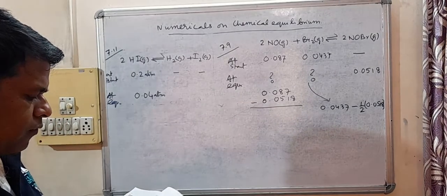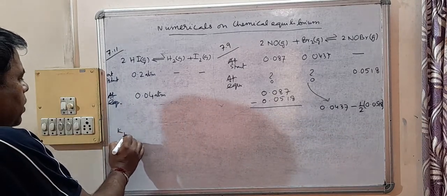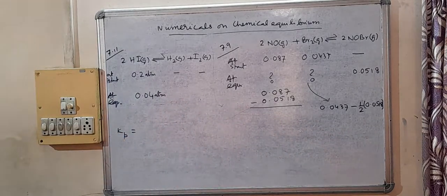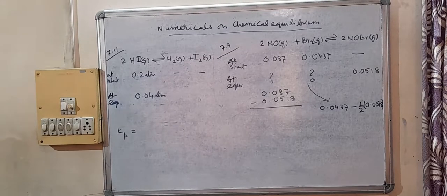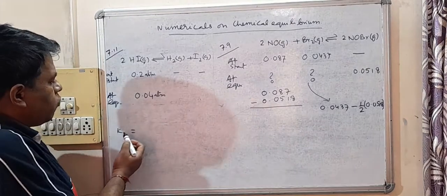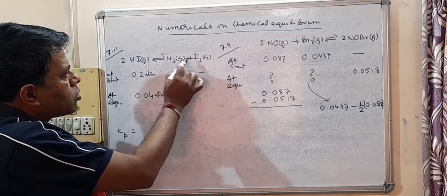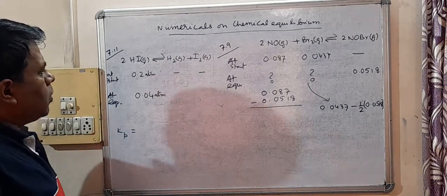What is the Kp for the equilibrium? They are asking us to find Kp. Before we find Kp, we have to know the amount of H2 and I2 at equilibrium.